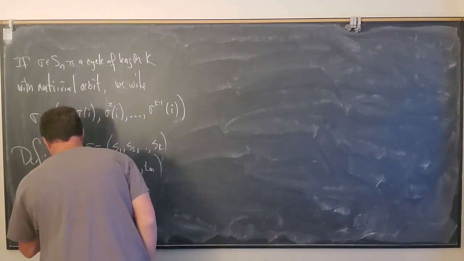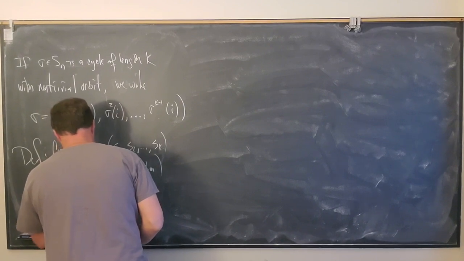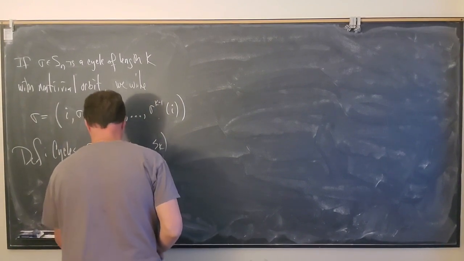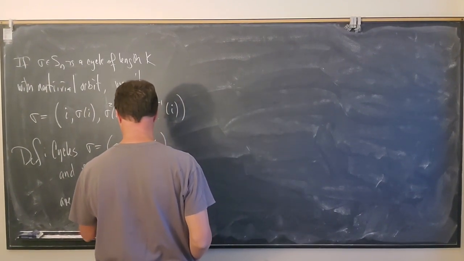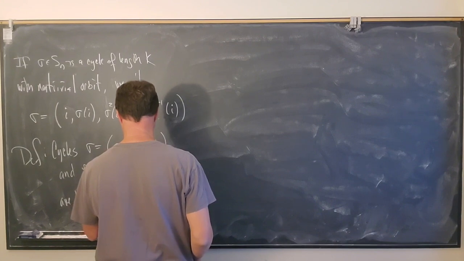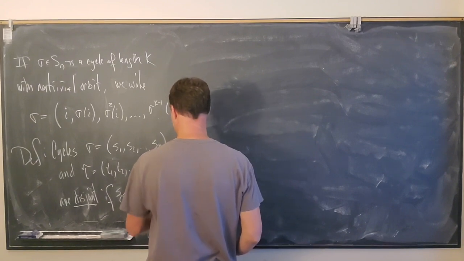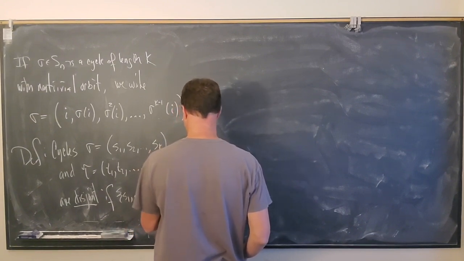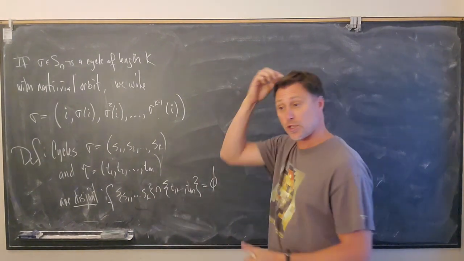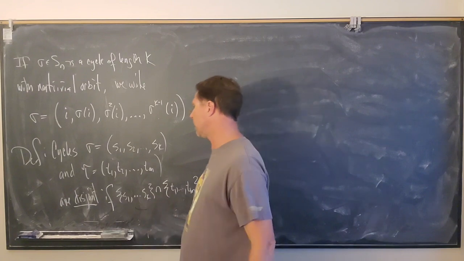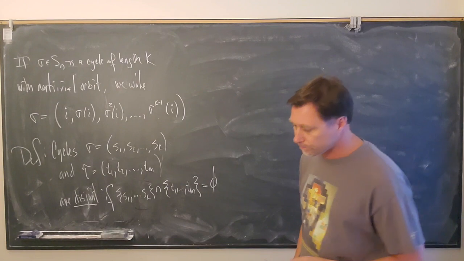These cycles are disjoint if, when we take the corresponding sets, {S1 up through S sub k} intersect {T1 up through T sub m}, we get the empty set. If these sets are disjoint, then we say that the cycles are disjoint. The way you can tell is that if none of the numbers here appear here and vice versa, then you've got disjoint cycles.